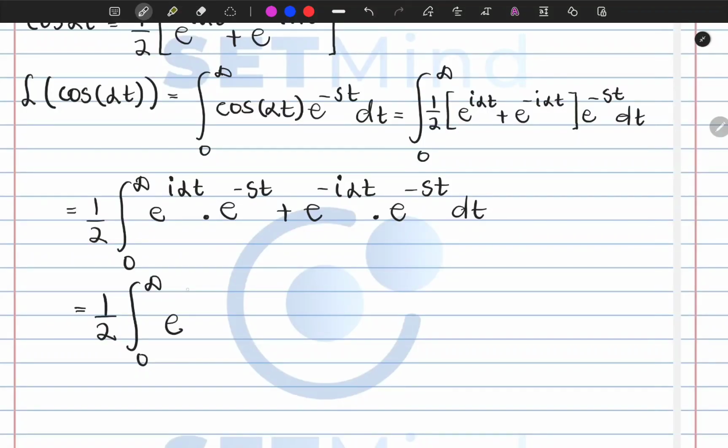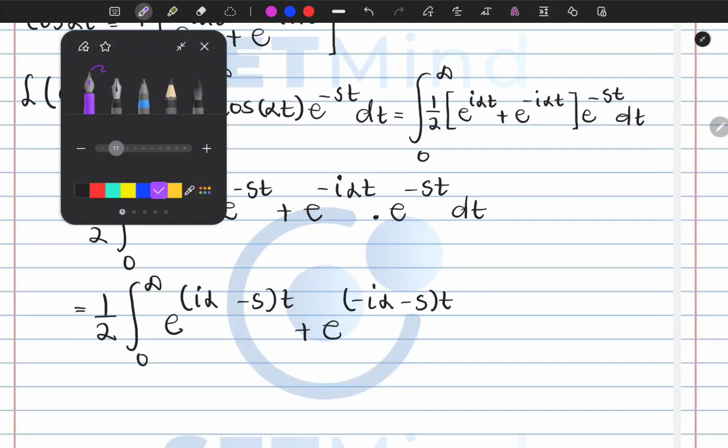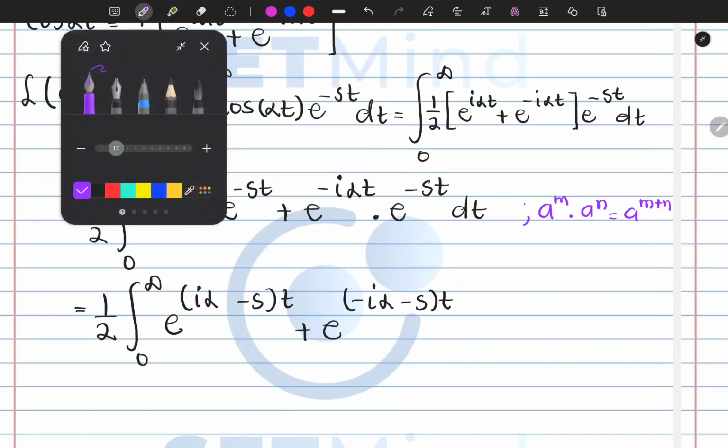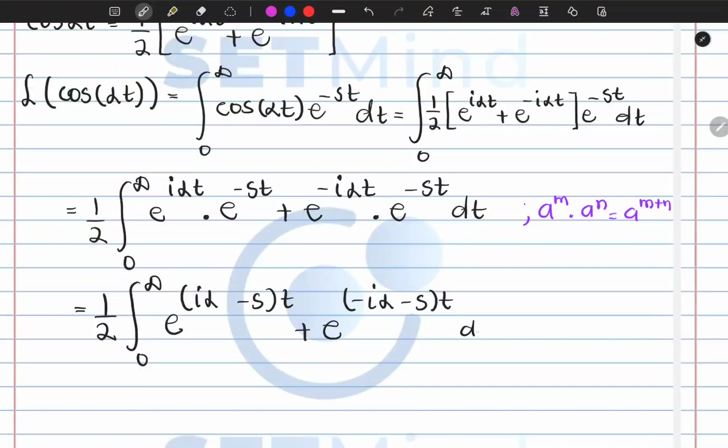We'll end up having e to the power of i alpha t minus st, then plus e to the power of negative i alpha t minus st. So alpha minus s, and then the t is common. Remember, when you have a to the m times a to the n, it's a to the m plus n. And then do not forget the dt.